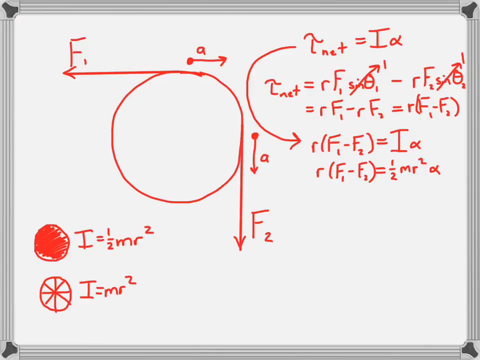So that acceleration is going to be A, and the acceleration of this point right here is my tangential acceleration. If you remember, the formula for tangential acceleration is equal to alpha times r. So these two accelerations are going to want to cause this pulley to accelerate in a clockwise direction.